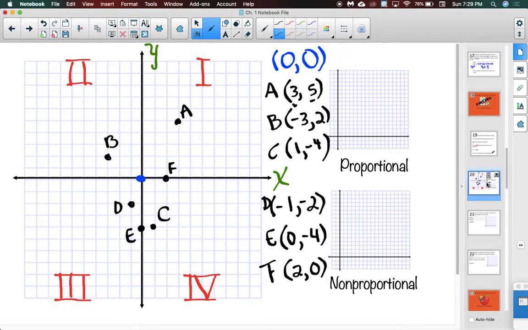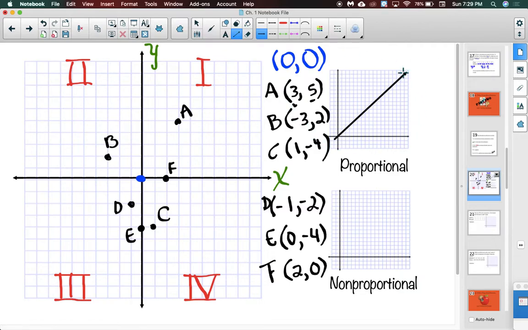All right, so on the next page in your notes, you have all of this from the last video. We just want to add two little notes about what a proportional graph and what a non-proportional graph would look like. So a proportional graph, remember the two qualities of a proportional graph. It has to be linear and it has to pass through the origin. So mine's going to pass through the origin, that's 0, 0, and it's going to be a straight line.